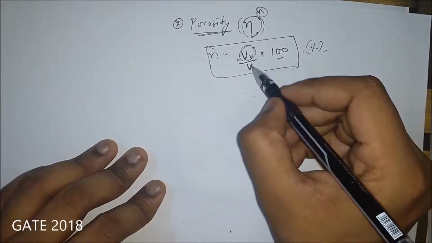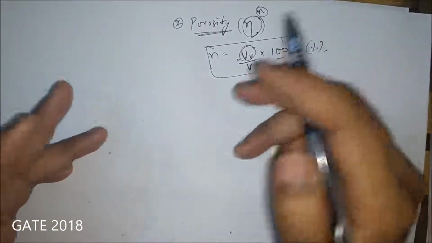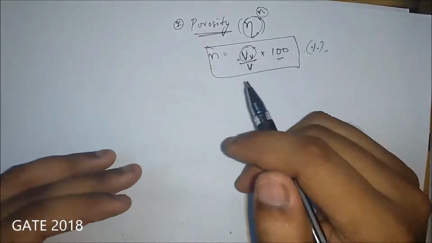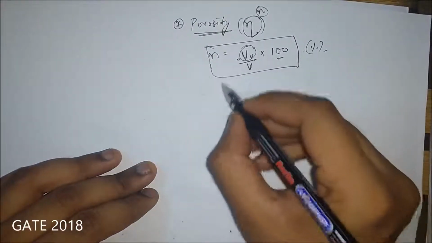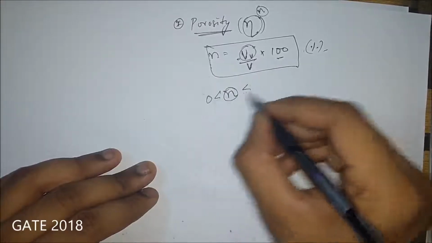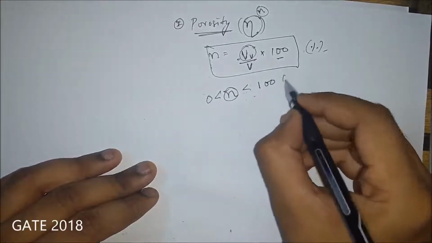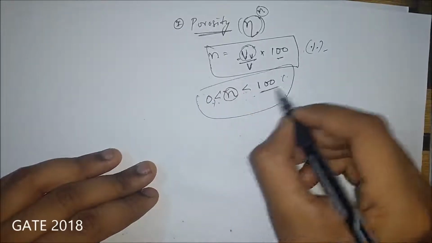If it is equal, in that case there is no soil. We are talking just about the air. So in that case, eta value or N value will always lie between 0 and 100% only. It cannot be equal to this. It cannot be equal to this too.